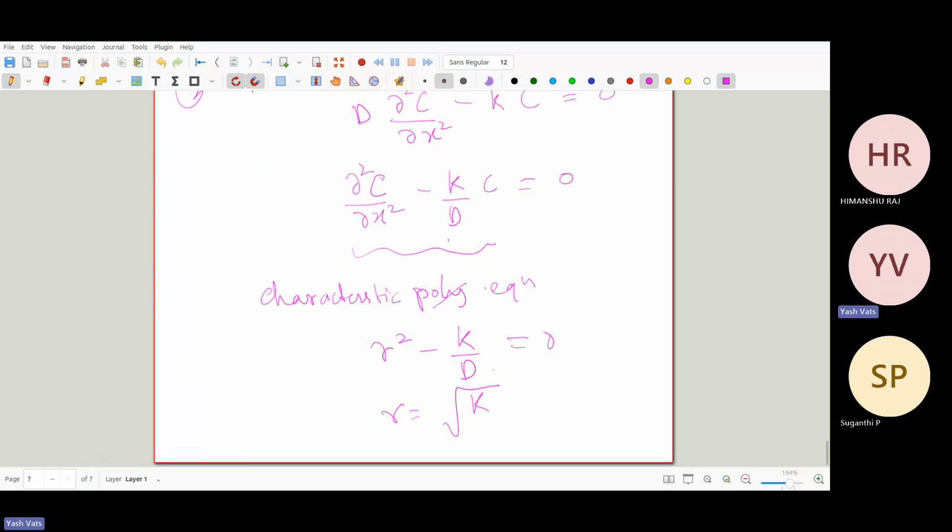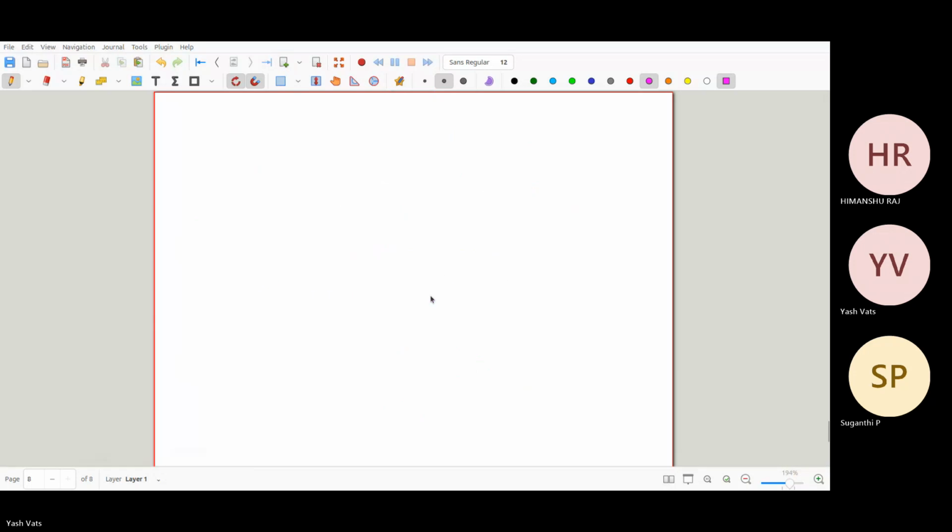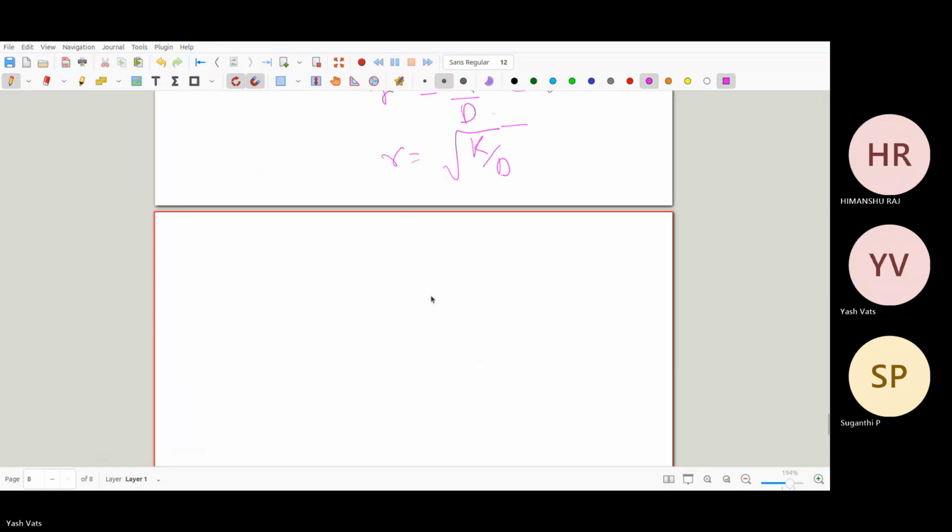R is the square root of K over D, and the solution would be C equals A e to the power Rx plus B e to the power minus Rx. That's the concentration, which depends on x, because we are considering only the steady state solution. So change with respect to time is 0.